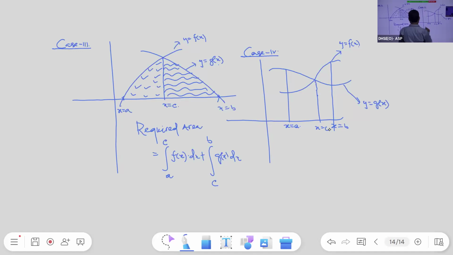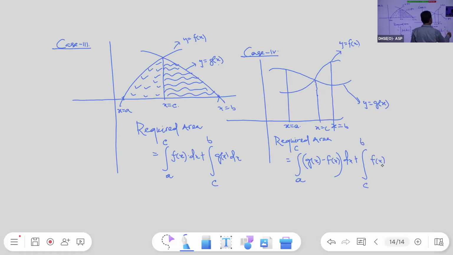So required area is equal to integral a to c g of x minus f of x dx plus integral c to b f of x minus g of x dx.